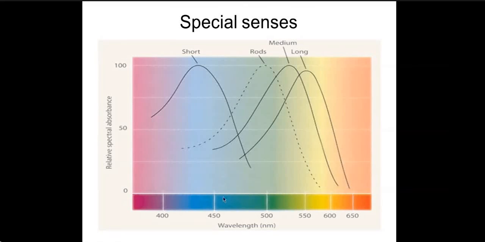So rods can see dim light vision. Here the dim light is there and the wavelength of color is shorter, and when brightness is more and more, here also rods can see.